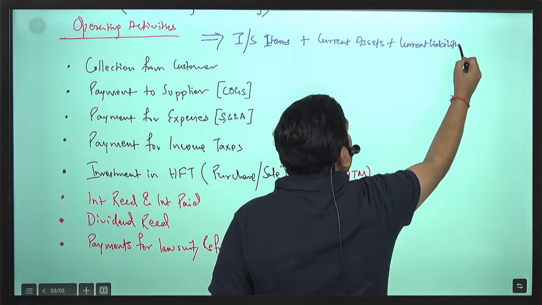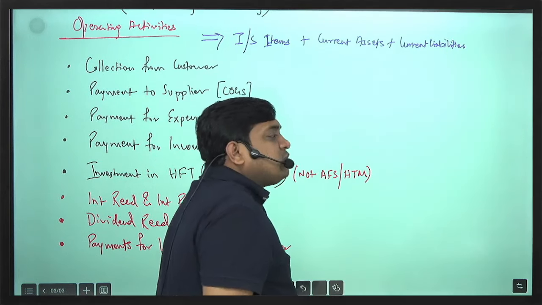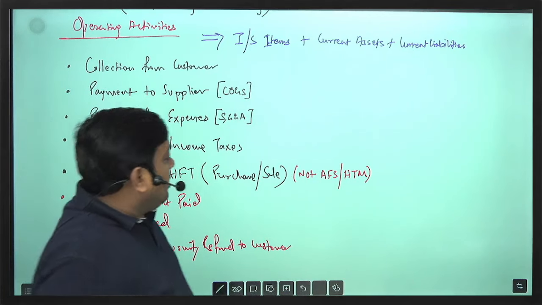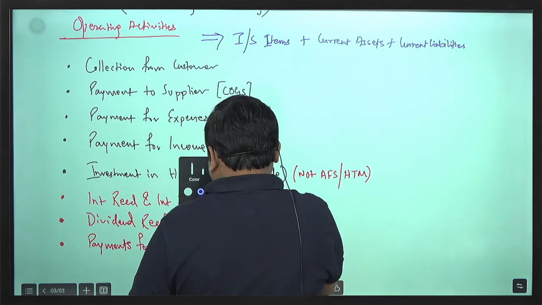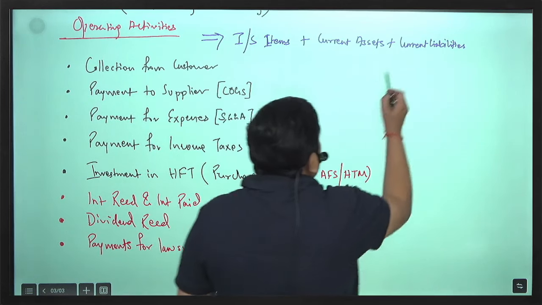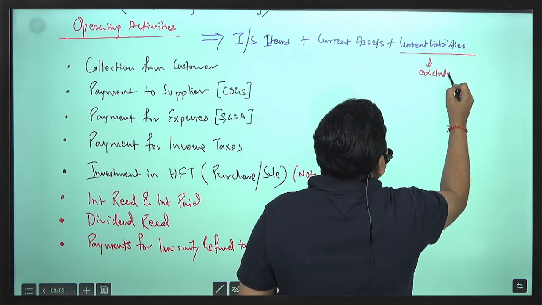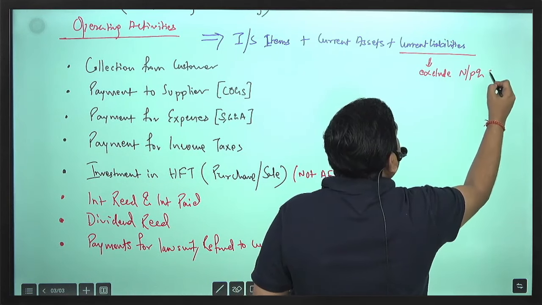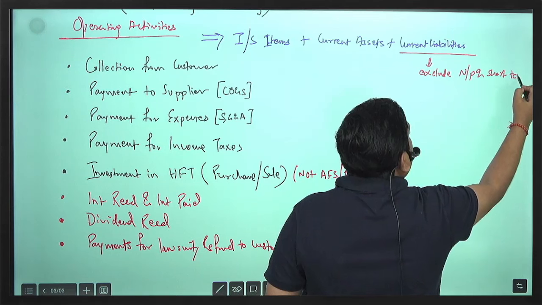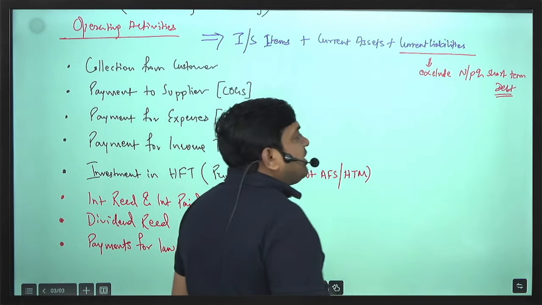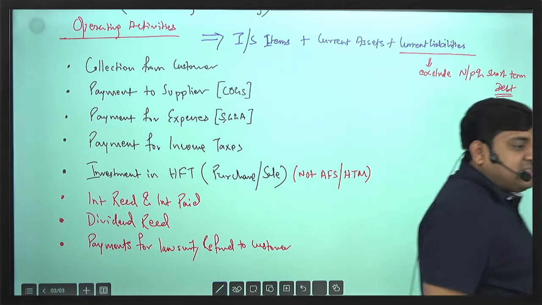I will just show you in some time why current assets and current liabilities are also needed. But remember one thing, when I talk about current liabilities, exclude notes payable and short-term debt. Notes payable and short-term debt will be covered in financing.